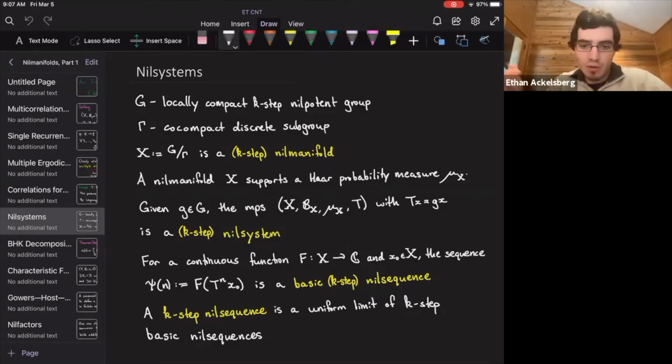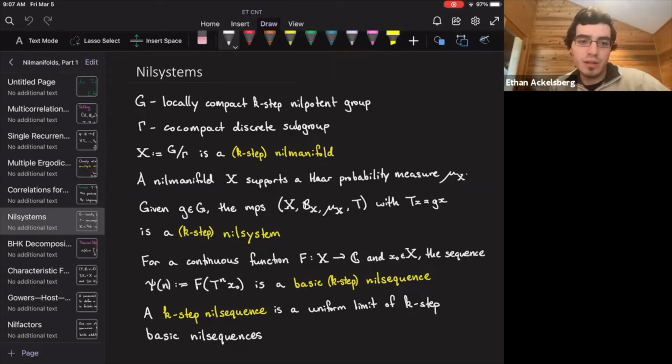And the point of making it co-compact is so that we actually have a nice probability measure sitting in our quotient space. And this quotient space is what we call a nilmanifold, in this case, a k-step nilmanifold, referring to the sort of complexity of the group we started with.